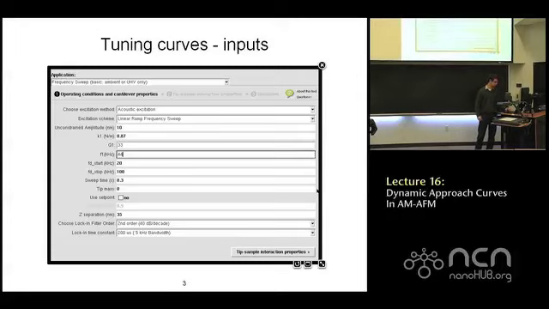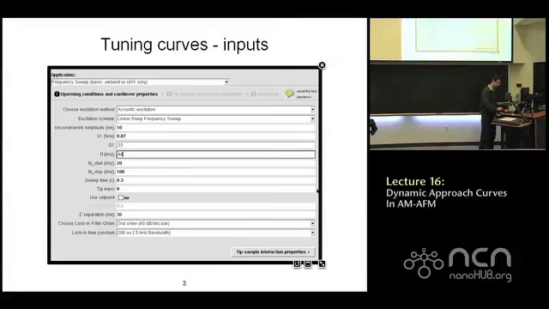In this example, we're going to use the same cantilever that we've been using before, which is actually a fairly soft cantilever for ambient environments. It has a stiffness, and the fundamental mode is 0.87. Quality factor here is 33. I know the resonance frequency. I'm just doing this demonstration to show you what the tuning curve might look like in an experiment.